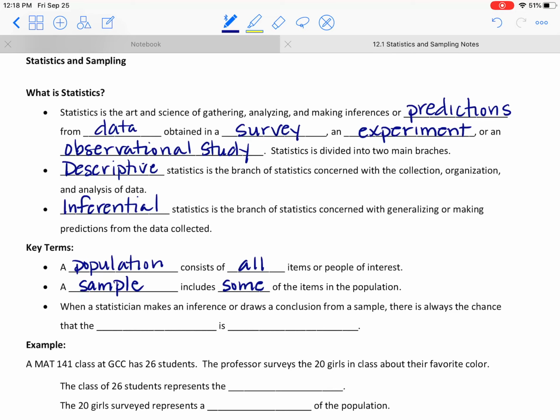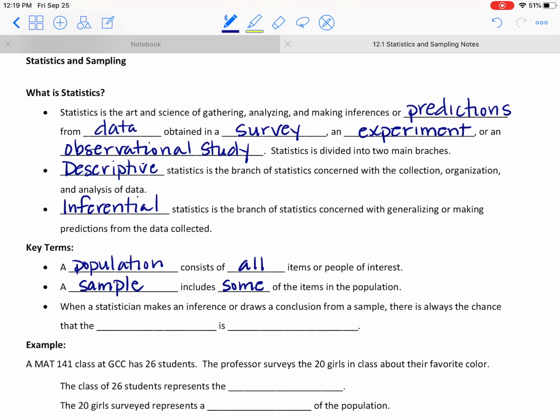Okay. Now, all this data can be collected from a population or from a sample in that population, and the data could be collected, organized. We can crunch numbers on the data, and we'll talk about ways to do that in some future topics. And then you can have the inferential statisticians who say, hey, based on these numbers, here's what we predict. But there's always the chance that it's wrong, right? You could make a prediction. So you asked 50 people what their favorite color was, and 49 out of 50 said blue.